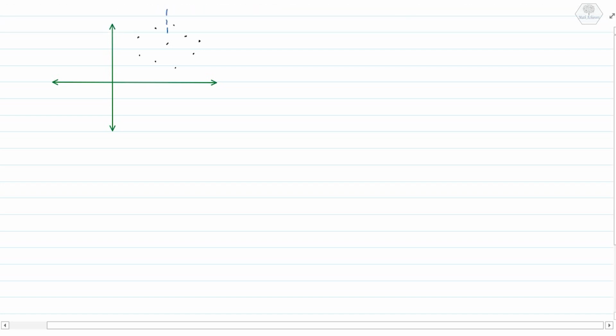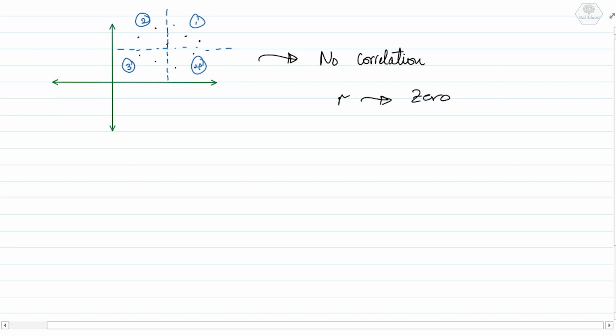After division, these are my quadrants: this is my first quadrant, this is the second, this is the third, and this is the fourth. You can see that the points are somehow equally distributed among the quadrants. In this case, I have no correlation. No correlation, the r value is something around 0, either from the negative part or from the positive part.